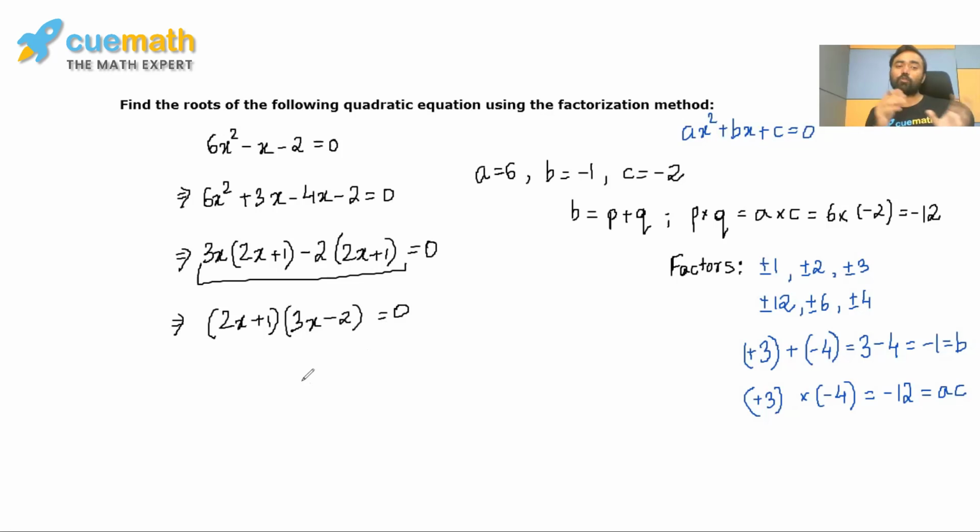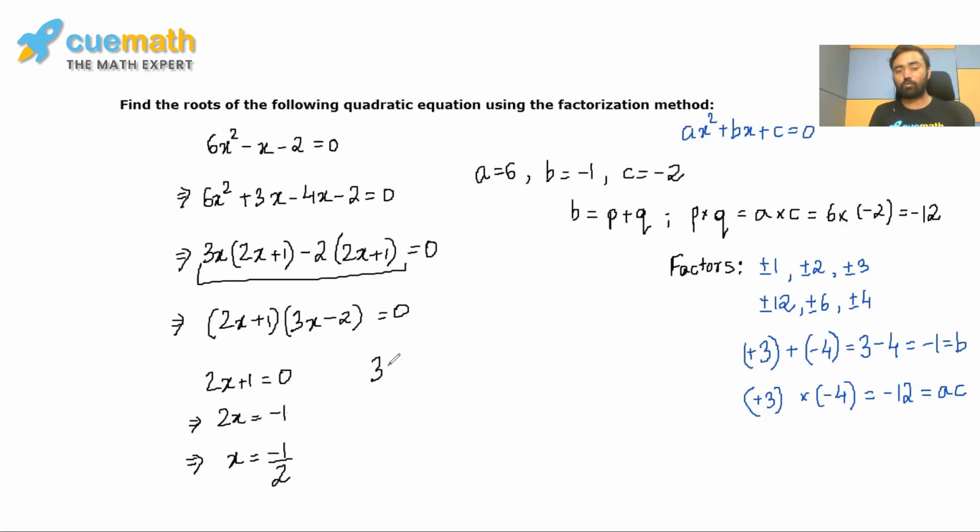Now, these are the two factors of this quadratic equation, but we'll have to find the roots. So we'll equate each of these factors with 0. So 2x plus 1 equal to 0, which implies that 2x is equal to -1, which implies that x is equal to -1/2. Now, this is one of the roots of this quadratic equation.